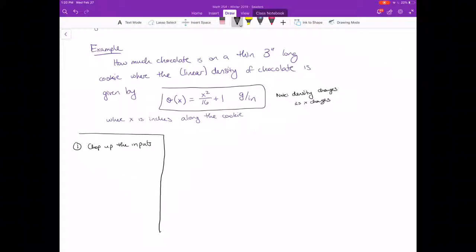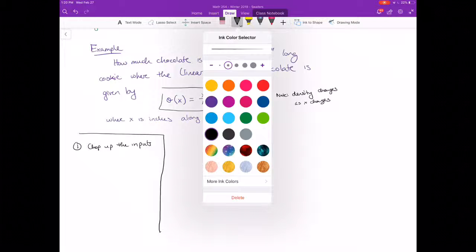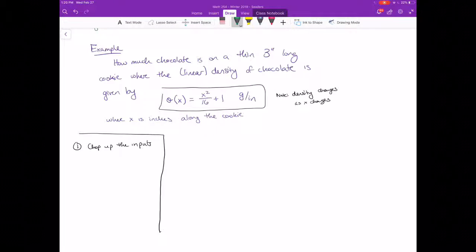So what I'm going to do instead is I'm going to chop up the inputs. So first I'll draw a picture. And here is my picture of my 3-inch long cookie. It's thin and narrow. And I'm going to chop up the inputs into, say, n subdivisions.